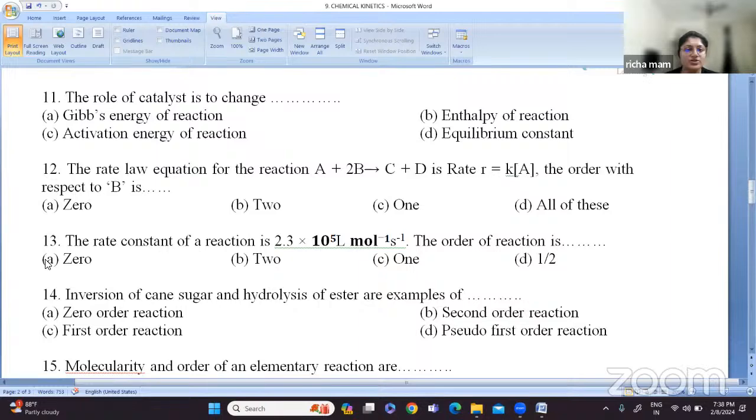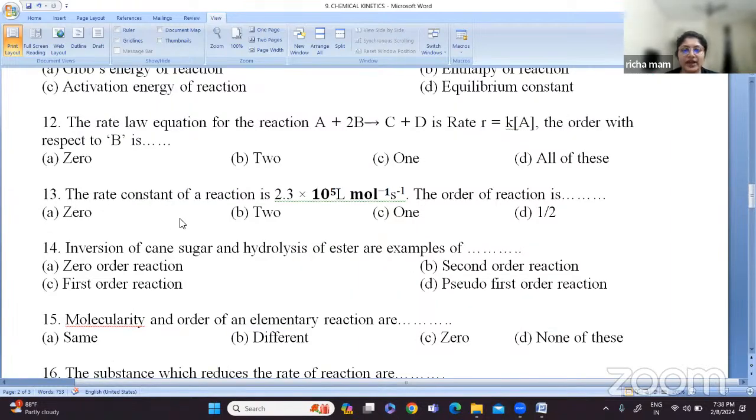Okay. Next question. The rate constant of a reaction is 2.3 into 10 raised to 5. What is the order of reaction, students? Based on the rate constant, you can tell the order also. Dhanush has answered it as B. Others?